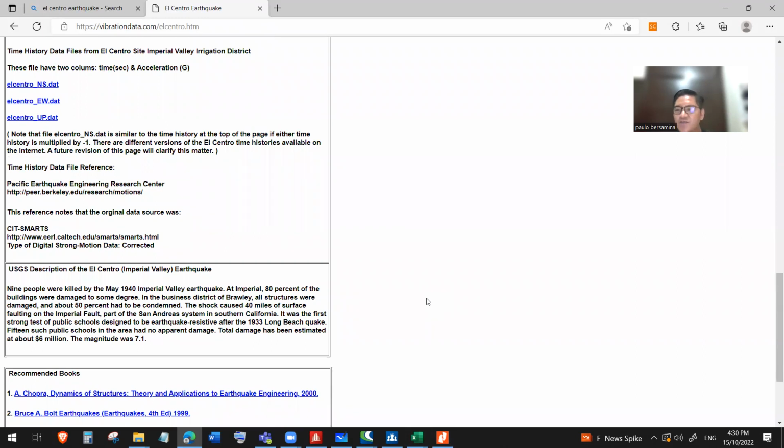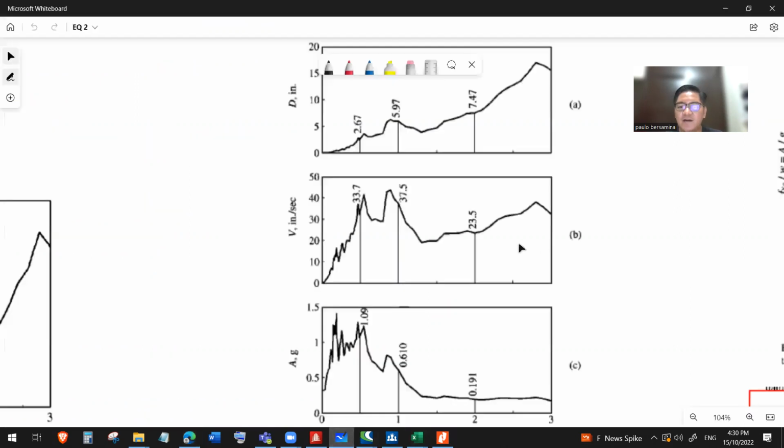In your case, as for your machine problem, yung Pampanga earthquake. So nandun siya sa G drive. Bibigay ko pala kayo yung link ng G drive. Meron na siyang data na nakuha from PHIVOLCS. So gagawan niyo 'yon ng response spectra.